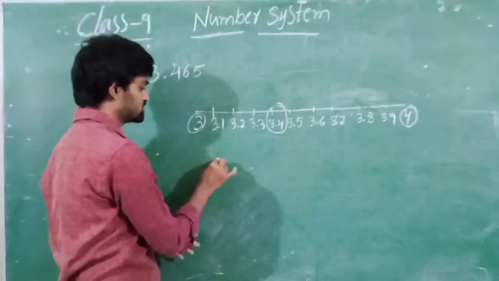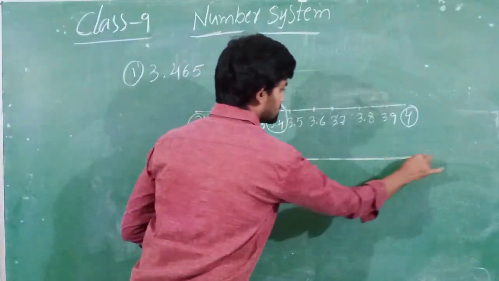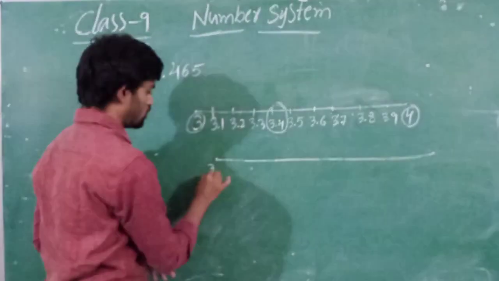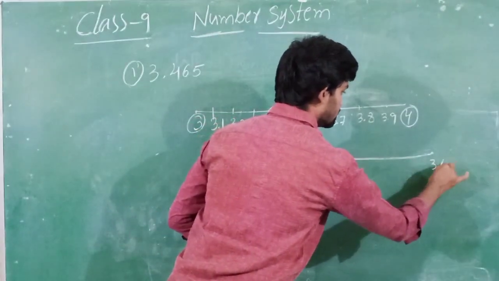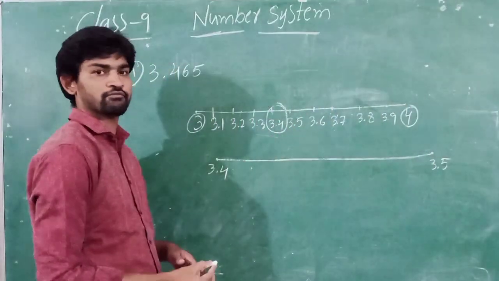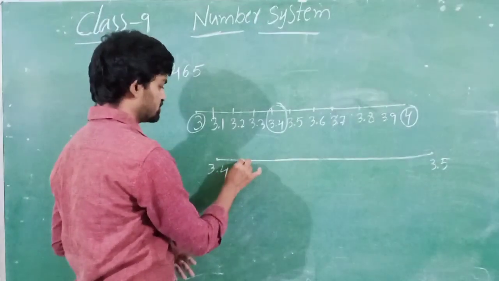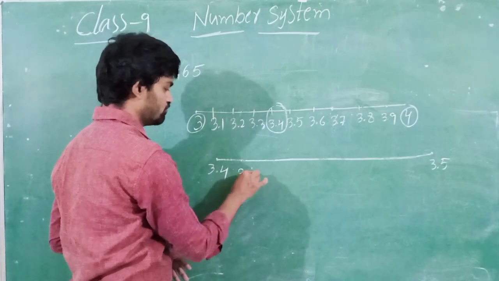So next visualization. So we have to mark 3.4 here. Here I am marking 3.5. What comes after immediately 3.4?